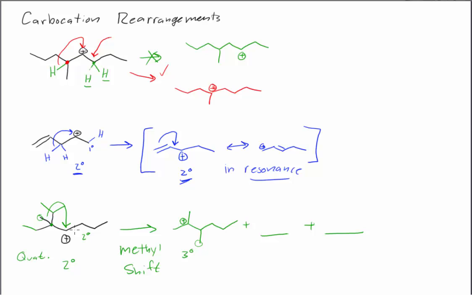I'll leave that up to you, but certainly you could envision using that blue arrow in an alkyl shift instead of the green arrow, or this second blue arrow in an alkyl shift instead of the green arrow. So if our quaternary carbon has several different groups on it, that can lead to a bunch of different products. And as we'll see in the future in this class, that's really an undesirable outcome.